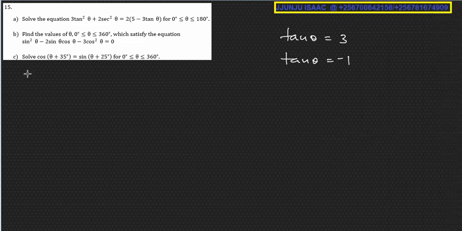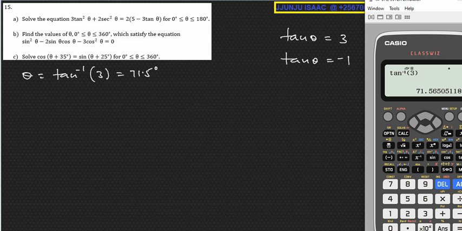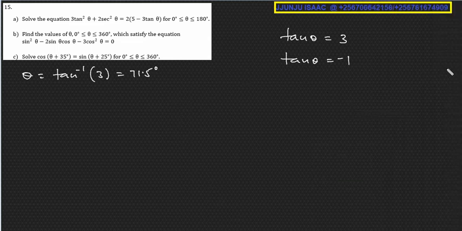So tan inverse of 3 is 71.5 degrees, 71.6. Let us take 71.6 degrees.